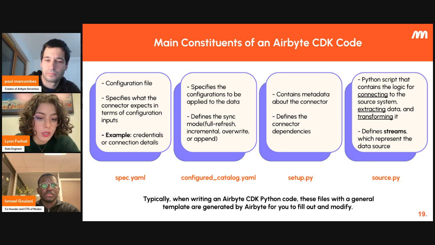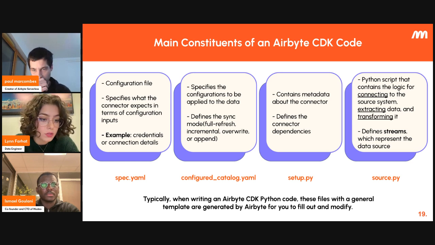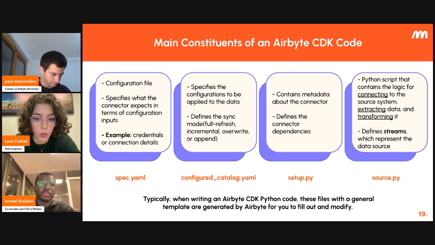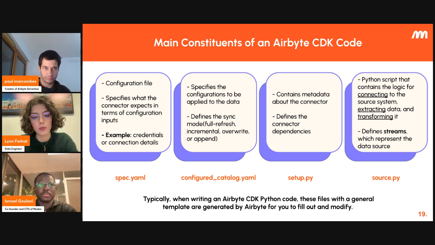The setup.py is standard. This is where you define your dependencies, the Python packages that the connector needs. And finally, the source.py, which is your main Python script. It contains the entire logic for connecting to the source system, extracting the data, and transforming it as needed.